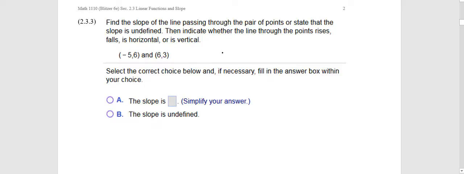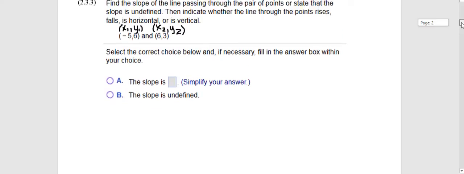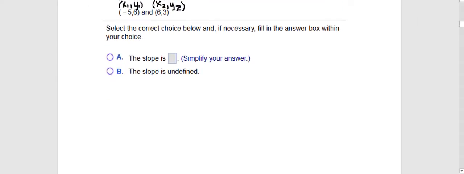I want to find the slope of a line passing through the given 2 points, and I want to indicate whether the line through the points rises, falls, is horizontal, or is vertical. I'll label the points as x1, y1, that's the first point, and the second point is x2, y2. It actually doesn't matter which point you call x1, y1, or which point you call x2, y2.